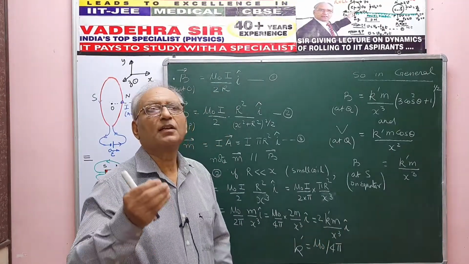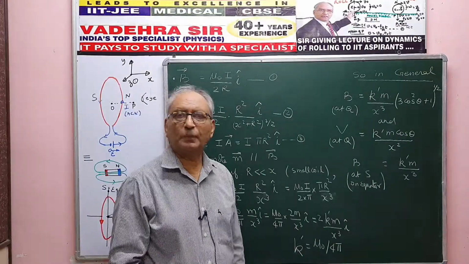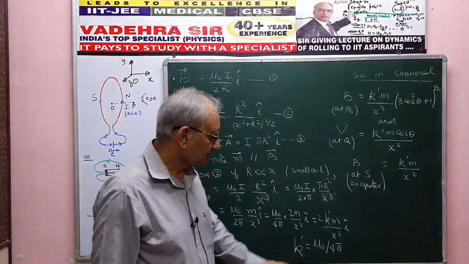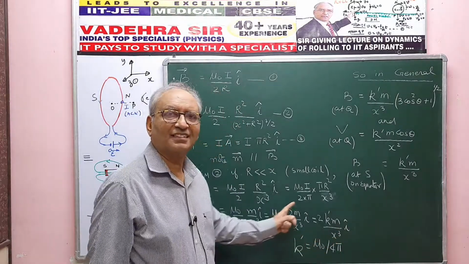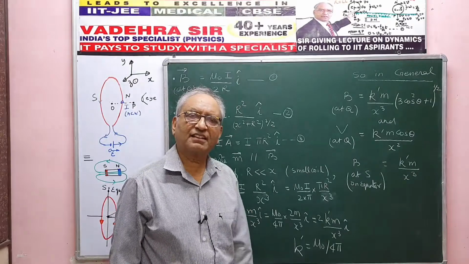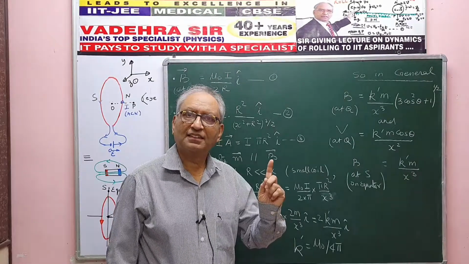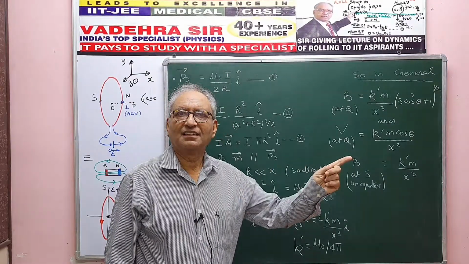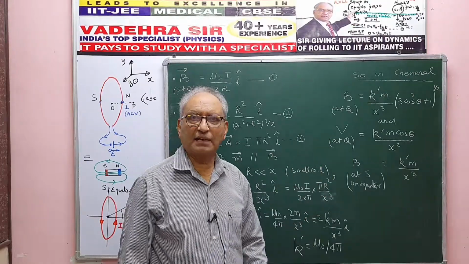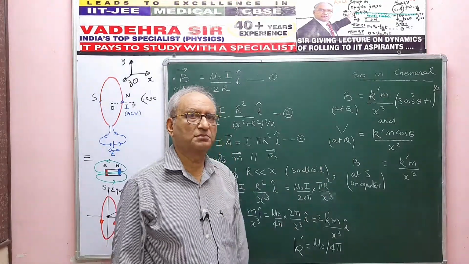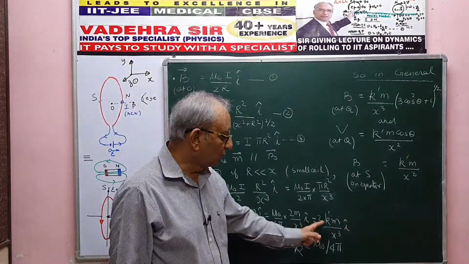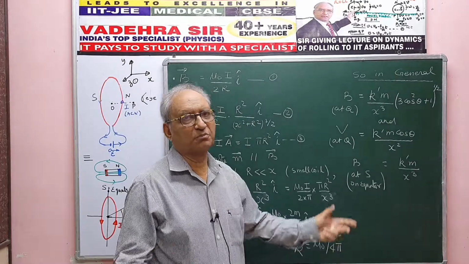Mu naught is the permeability of free space or air, values almost the same. This expression reminds you of the expression of the electric field on the axis of the electric dipole, 2kp by x cube, where k is 1 by 4 pi epsilon naught. So similarly, 2k dash m by x cube.